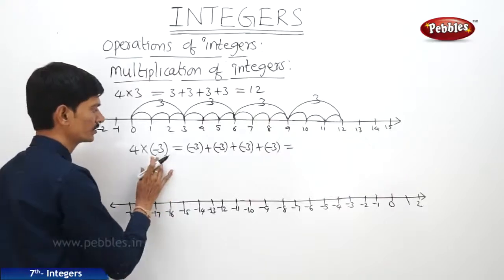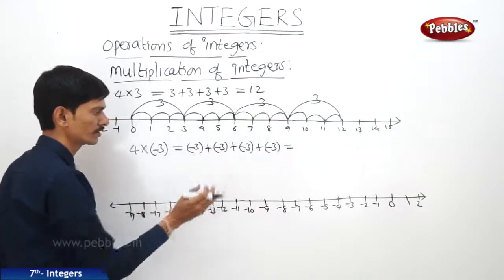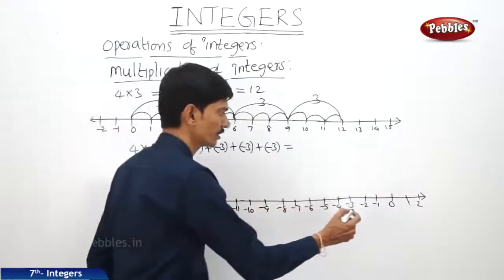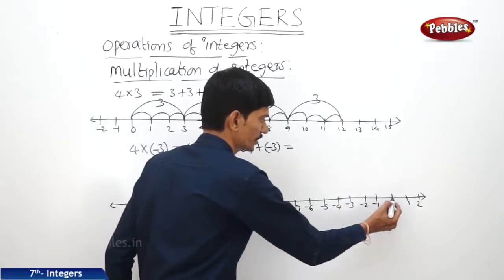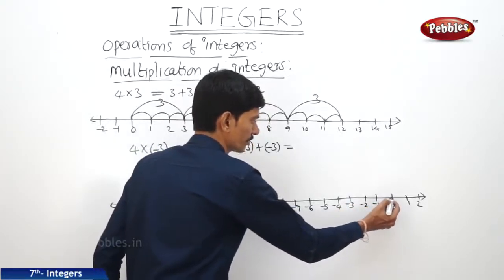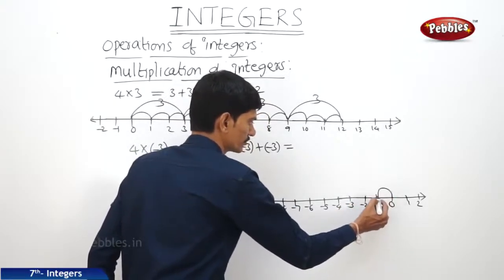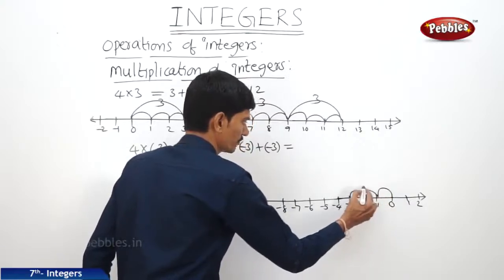Now 4 into minus 3 means minus 3 is added 4 times. So we will take 4 jumps of 3 steps each from 0 towards the left. So 1, 2, 3. So this is minus 3.